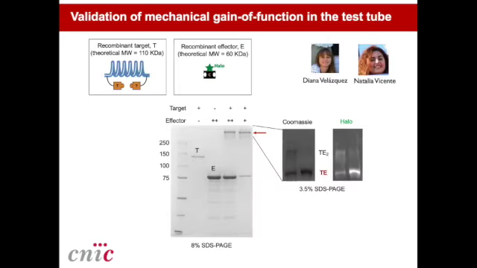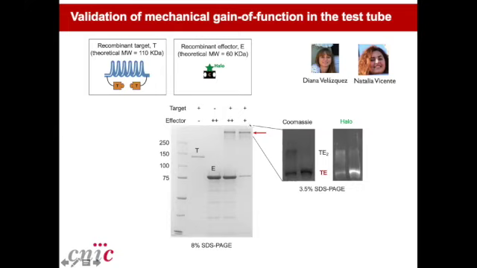On the other hand, we also started building our MGOF model, and we validated this model in vitro. We tested our recombinant target, represented by the random coil region of titin with the SpyTag protein, and the recombinant effector, represented by a bifunctional SpyCatcher with Halo.